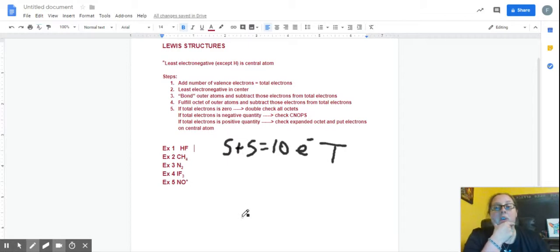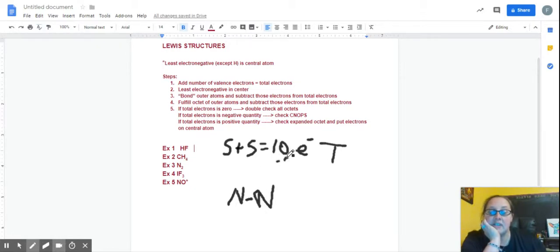Now, we don't have one that can go in the center because there are only 2. So we're going to do nitrogen and another nitrogen. And we're going to start off by putting a single bond right here. Now, a single bond has made me use 2 out of these 10 electrons. So I have 8 that I can use to fulfill my octets.